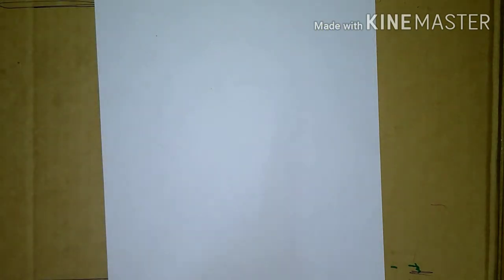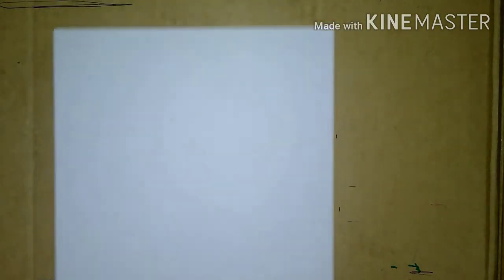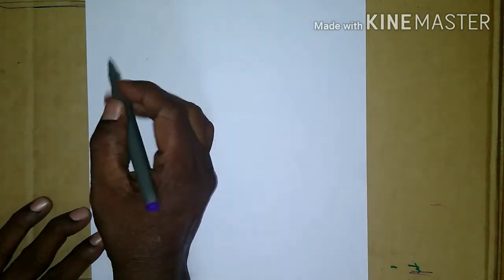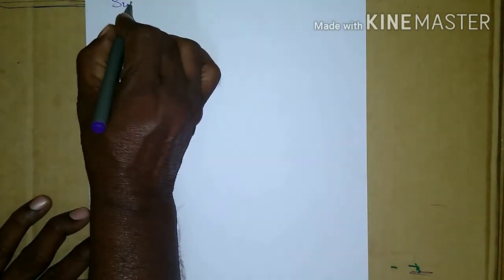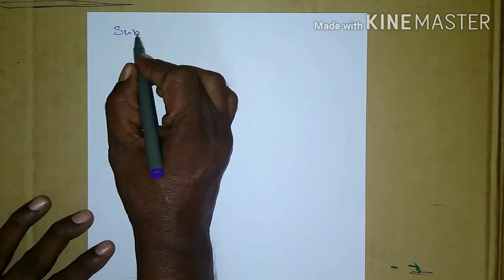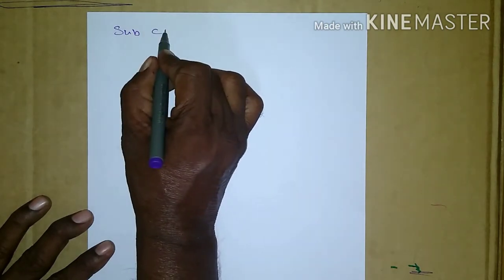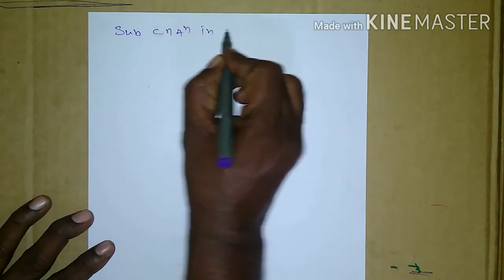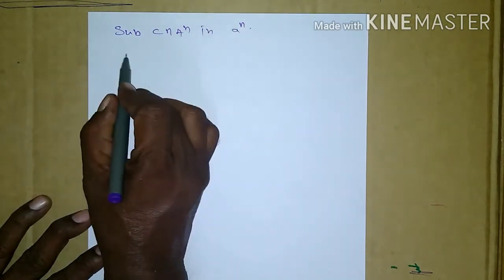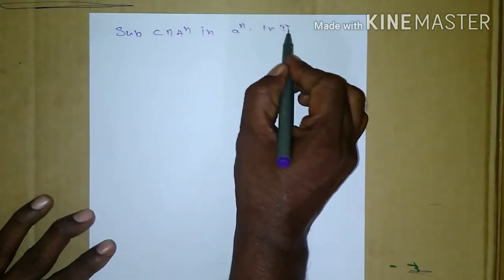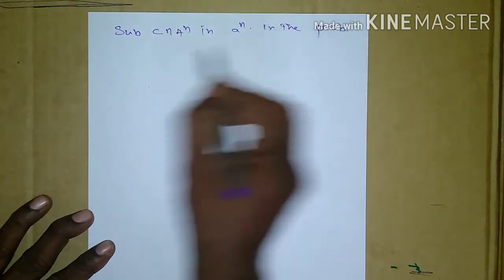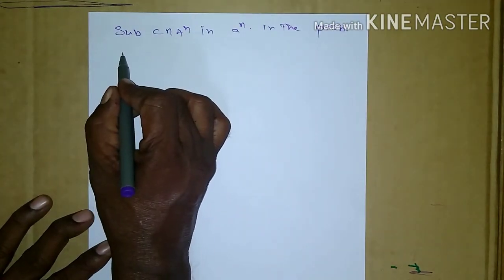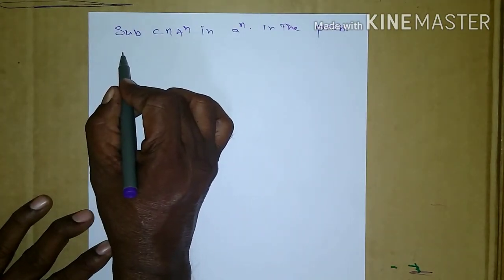Okay, now it is substituted here. Substituting Cn into 4 power n in the place of an in the problem. We have the problem an minus 3 an minus 1 minus 4 an minus 2.